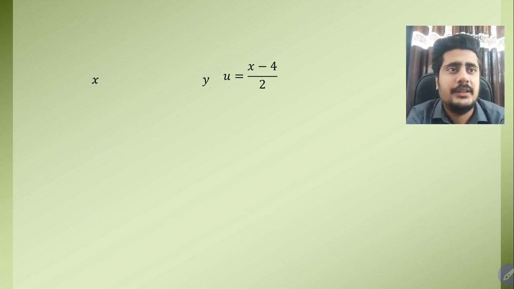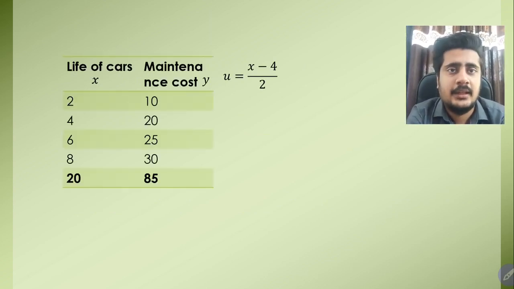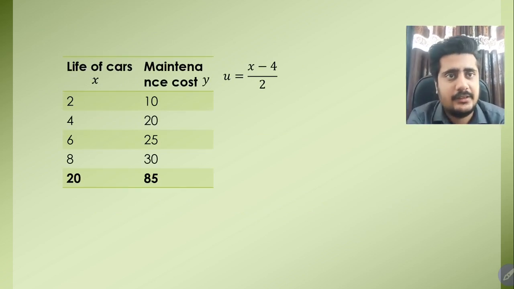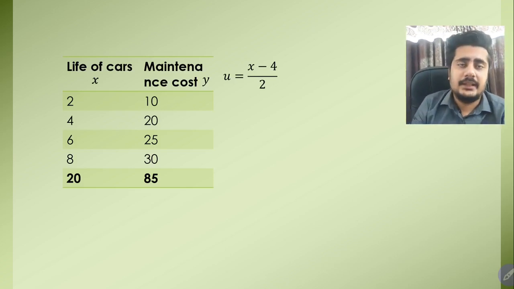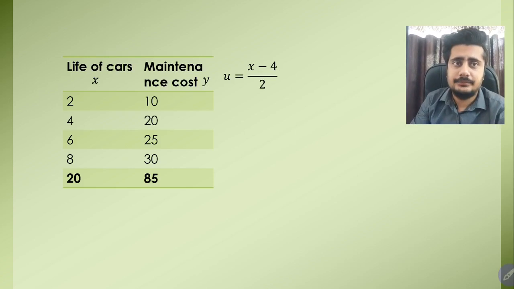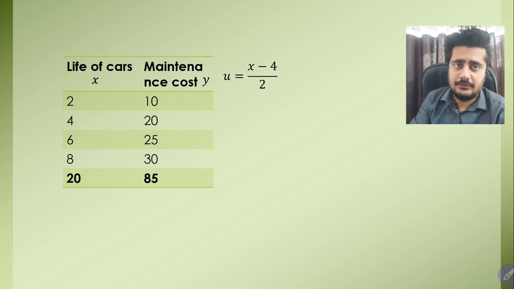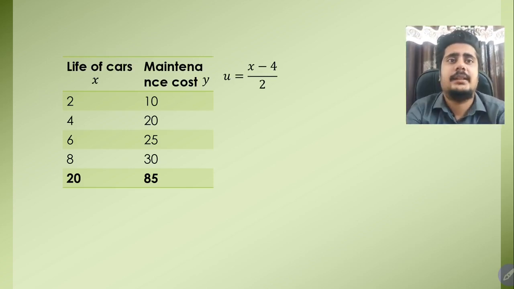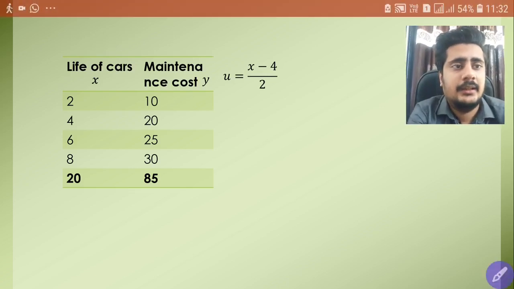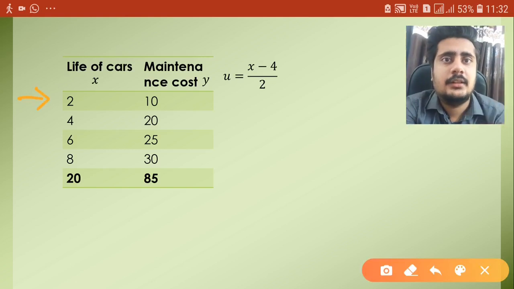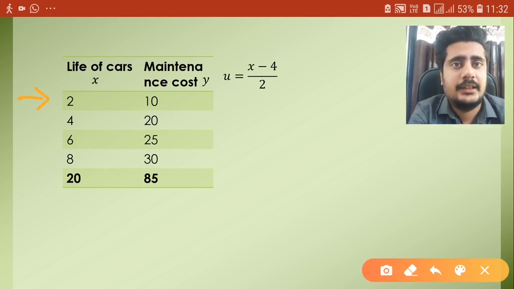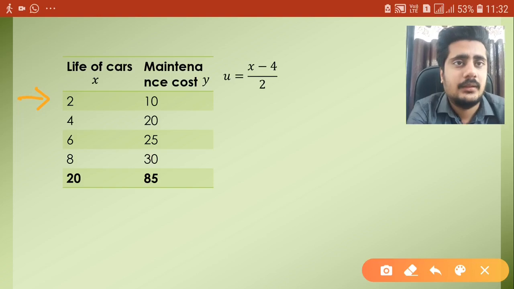Now what we will do basically, just see. You have x: 2, 4, 6, 8 and y: 10, 20, 25, 30. Let's try this formula and let's find u by dividing n digit. We have subtracted 4 from the x. Let's take an example. X is 2. Now how you will find u? It's 2 minus 4, which is minus 2.